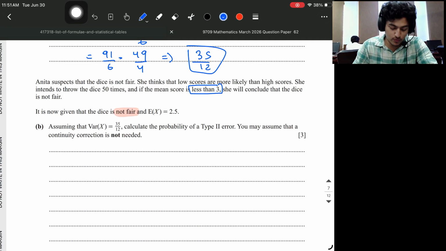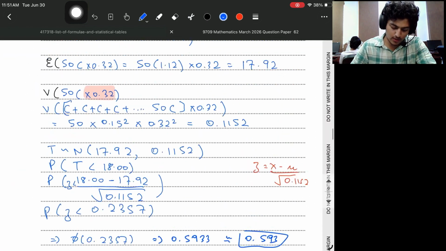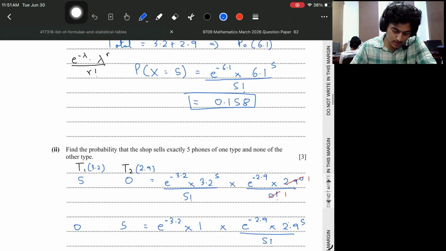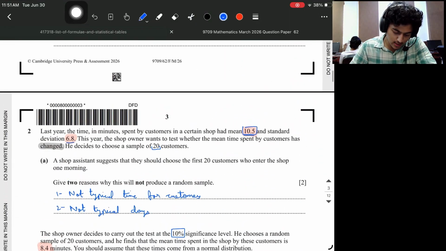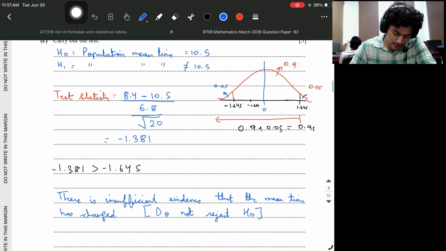We need to calculate the probability of a type 2 error, and in that we always make sure that it is the older mean minus the newer mean. If we go up in the hypothesis testing question, what we did there was calculate the newer mean minus the older mean.